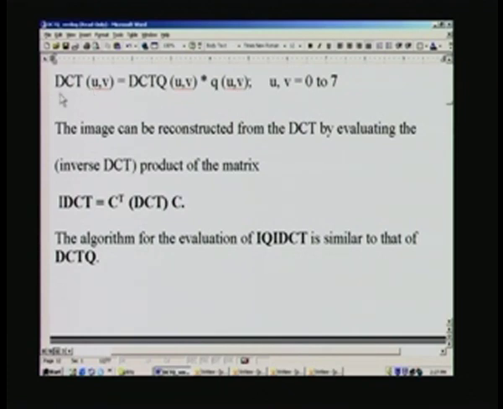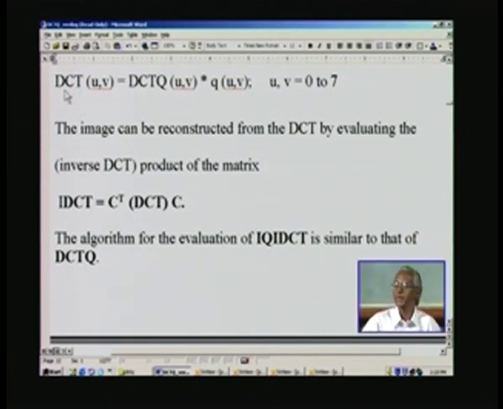We have not yet recovered the actual image, and we can recover it only by doing an inverse operation of this, which is similar to DCT, only the order has got to be CT into the DCT and C. These are once again 8 by 8 matrices, 3 matrices, and the parallel algorithm we have done before is equally applicable for this IDCT as well, and the outcome is 1 pixel per clock, that is the throughput that you can get here, and it has got to be the same rate as the DCT creation, and the same algorithm works here too.